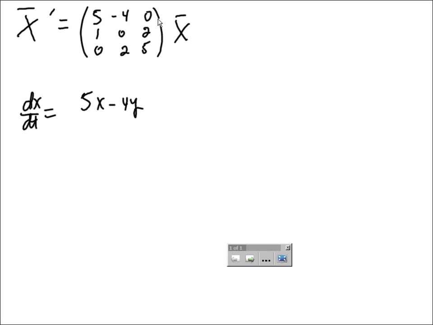Row 1 in the matrix above this line. And dy/dt comes from the second row of this matrix. 5x plus no y's plus 2z's.